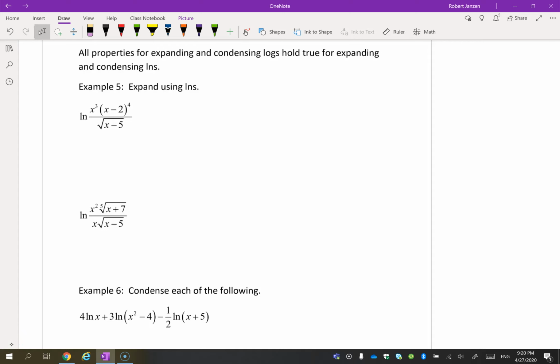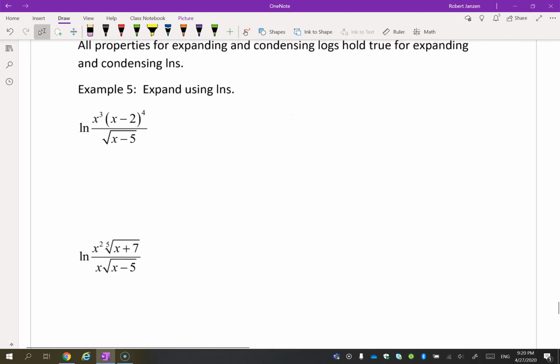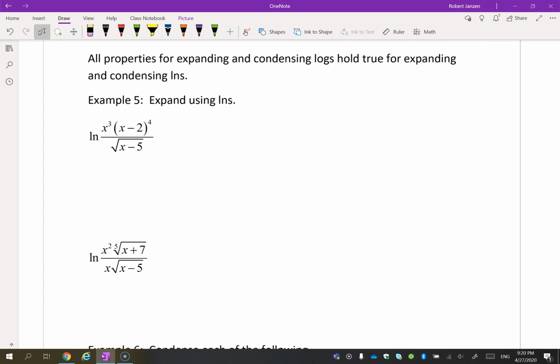Alright, let's wrap up this log unit with the finale on natural log. Again, the rules are all the same for logs, so let's try expanding this. So this means we're going to take this and use the laws of logs to expand this. So this is going to be 3 natural log of x.